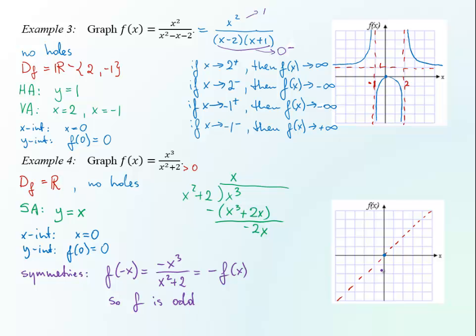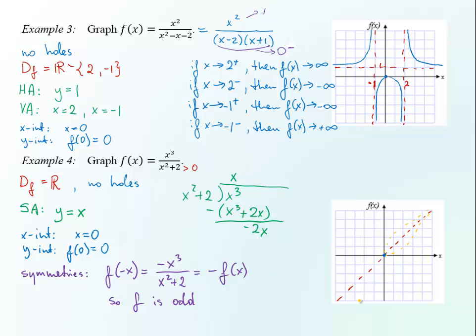Knowing that f is odd, it's enough to graph the function to the right of the y-axis, and this shape on the right-hand side will be reflected over the origin to the other side. So we have only one asymptote. We have to go through this point. The only option is that this could happen either like this or like that.